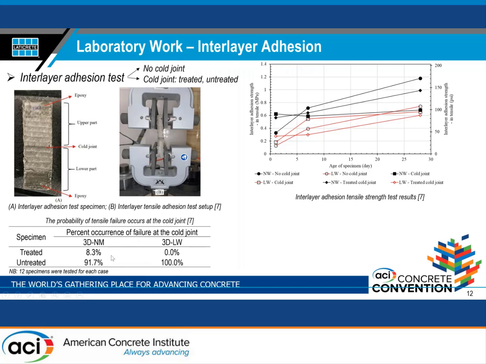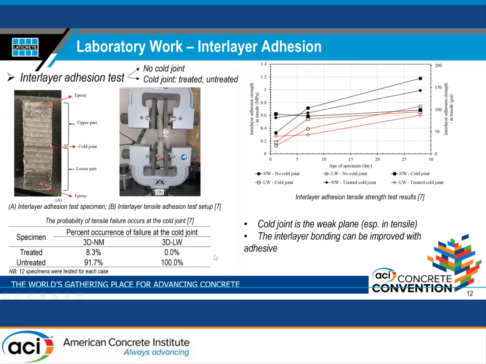The application of adhesive or treating the cold joint is also proven to be effective by reducing the probability for the failure to occur at the cold joint from 92% to only 8%, and also from 100% to 0% for the lightweight material.